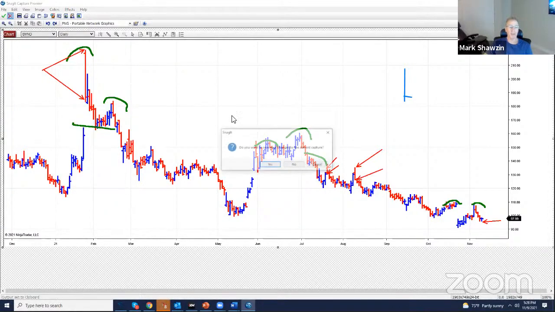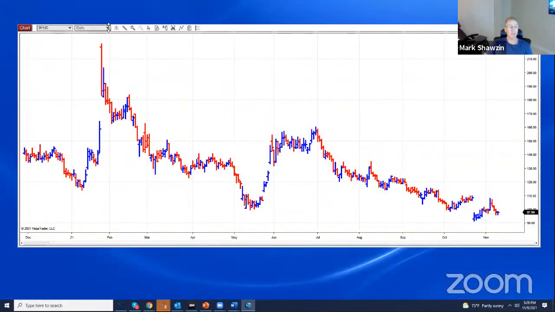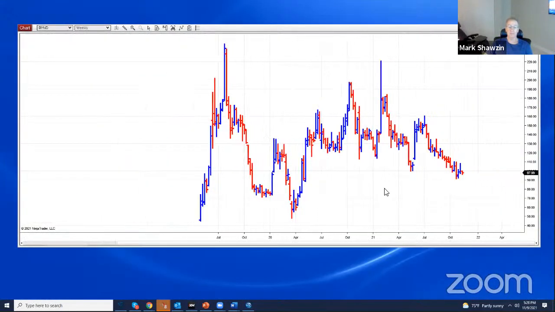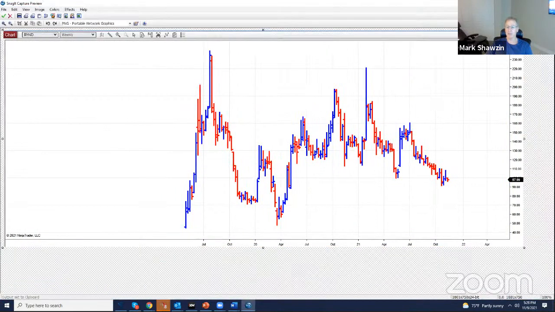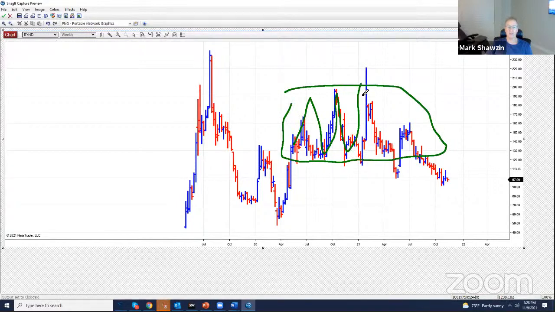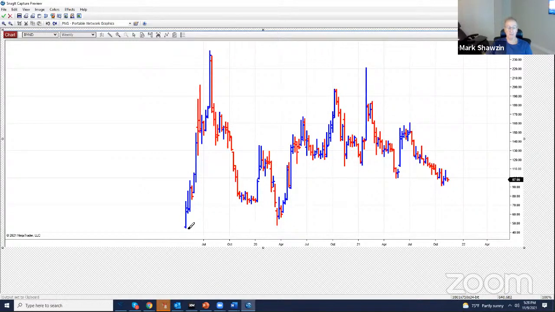What is the take profit on Beyond? Probably $40 or lower. You can see Beyond, for most of its history, is in what I call a distribution, where the smart money really looks like it's been getting out. You can see all of this is distribution. And now this thing is just waiting to find its final resting place, which I think will be down here.